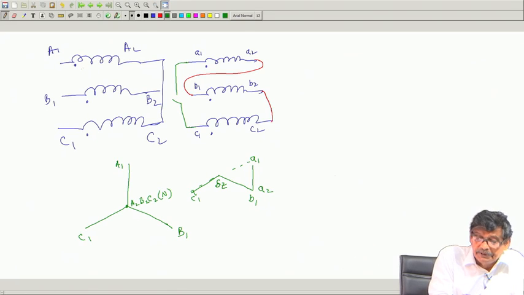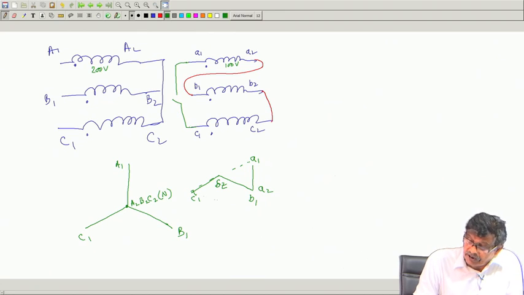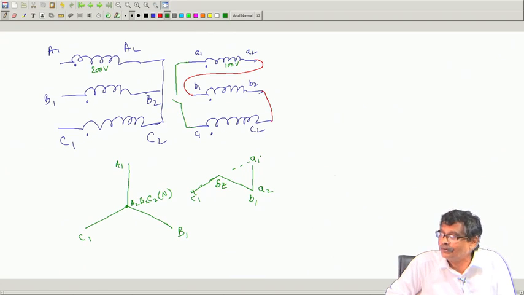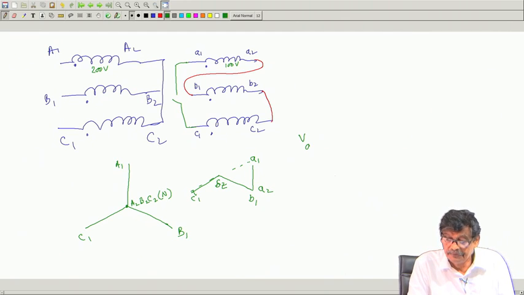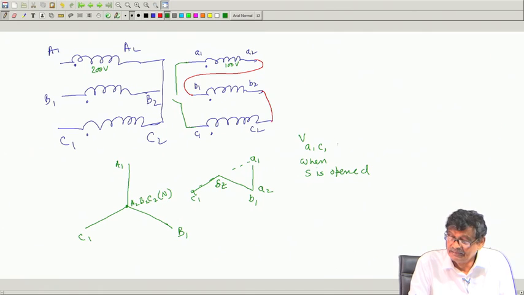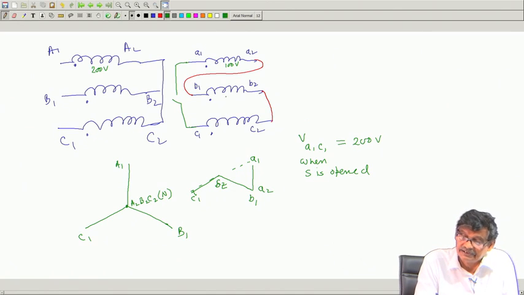In fact, if it is 200 volt, this is 100 volt, between these two points this length will be 200 volt. The A1 C1 voltage when S is opened is equal to this voltage, about 200 volt, this is 100, this is 100 volt.